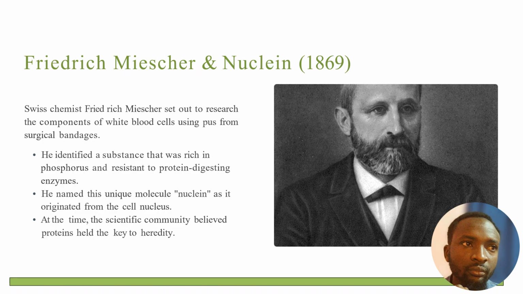The substance that was found was protein-digesting resistant, like it wasn't being digested by the enzymes. And then the scientific community believed that this substance was significant for heredity, and heredity is the passing on of traits or characteristics from one person.